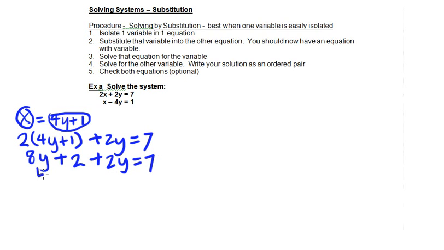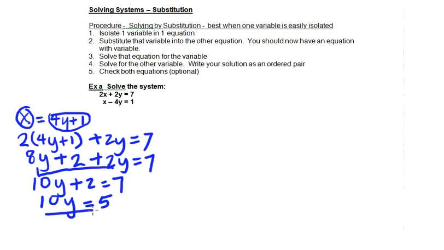Continuing to solve, we put our two y terms together, and 8y plus 2y is equal to 10y, plus 2 is equal to 7. Isolating the y, we subtract off 2. We have 10y is equal to 7 minus 2, which gives us 5, and finally we divide by 10 on both sides of the equation. So y is equal to 5/10, which we can reduce to 1/2.